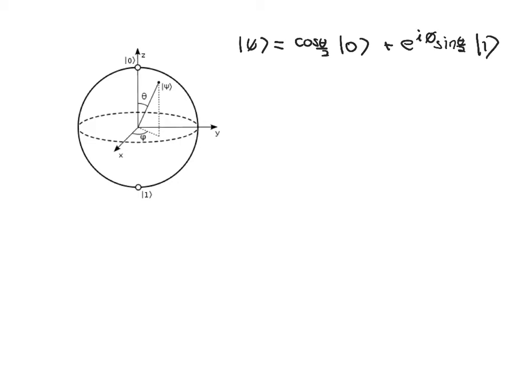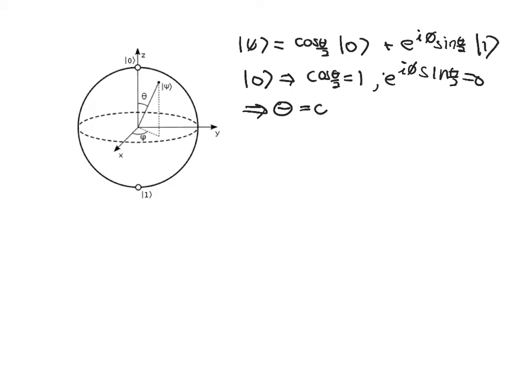So for the 0 basis state, that implies that cosine theta over 2 has got to equal 1, and e to the i phi sine theta over 2 has got to equal 0. So clearly theta must, for this state, be equal to 0 degrees or radians.